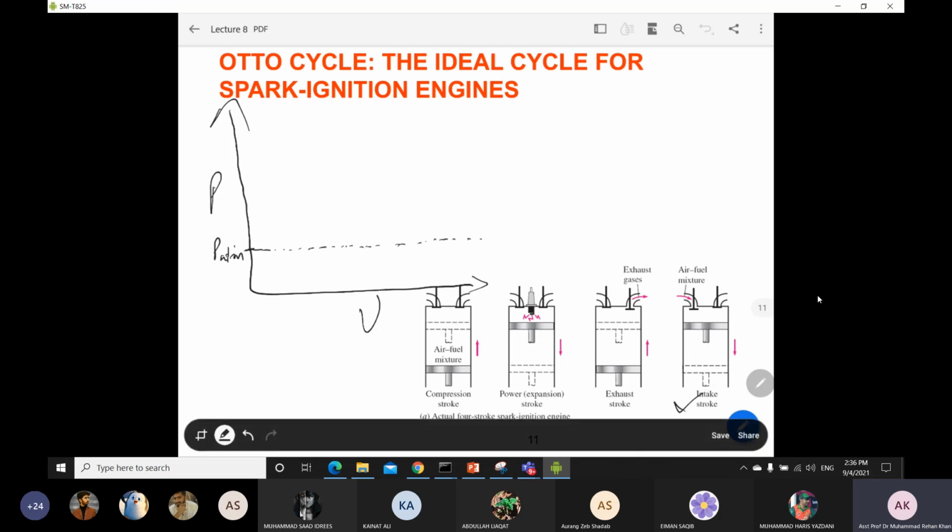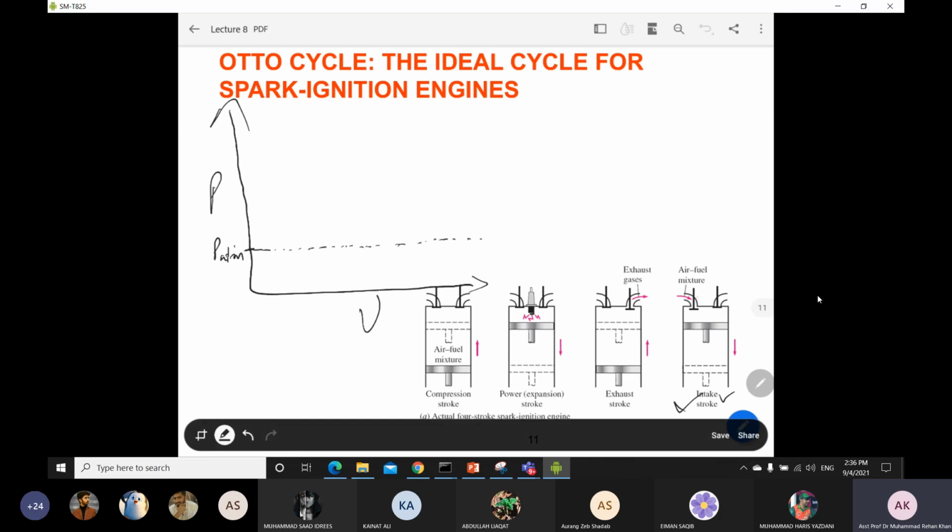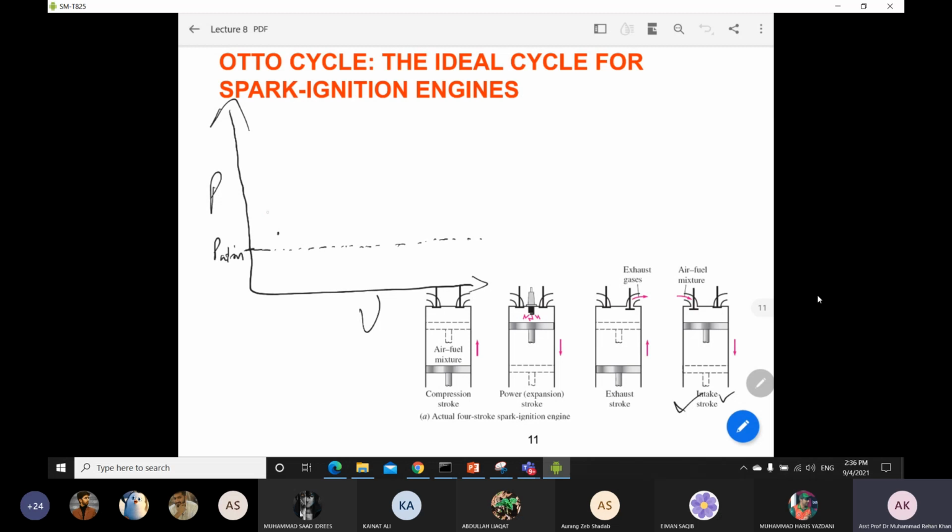So this is your P atmospheric pressure. Make it clear that whenever there is an intake stroke, you have to draw in some air fuel mixture, and the pressure outside is P atmospheric. Inside, because there will be a vacuum, once you intake some air fuel mixture, the pressure will be less than P atmospheric inside your cylinder. So for example, here your intake stroke will happen.